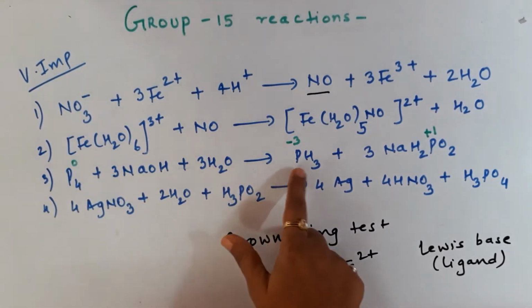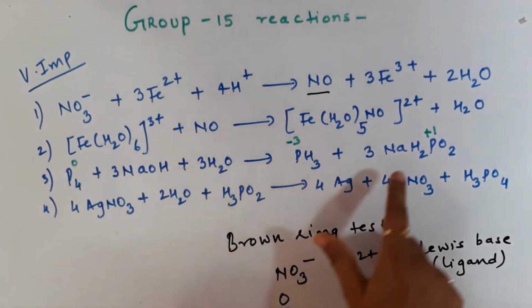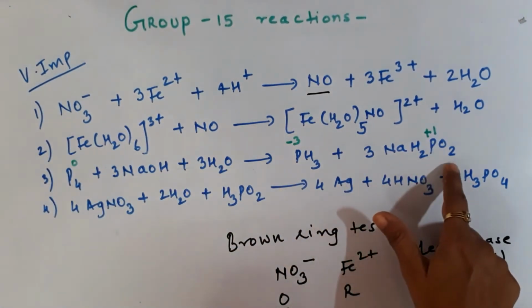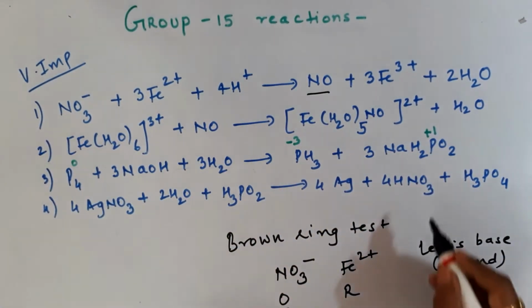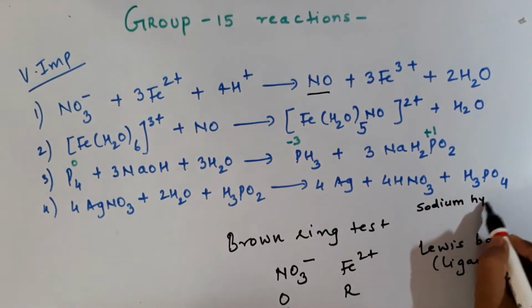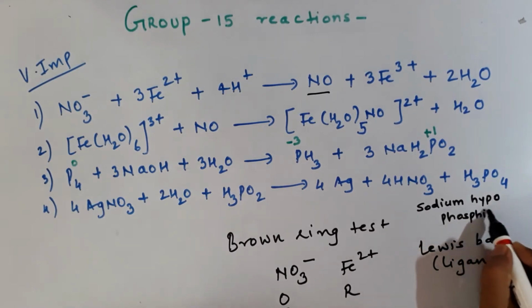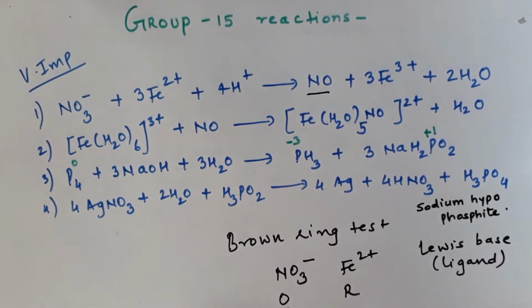So here we get phosphine, poisonous gas, plus we get sodium hypophosphite. Okay, I will write its name because you must remember these names. Sodium hypophosphite. Okay, so please practice these reactions if you want to score 100 on 100 or 70 on 70.